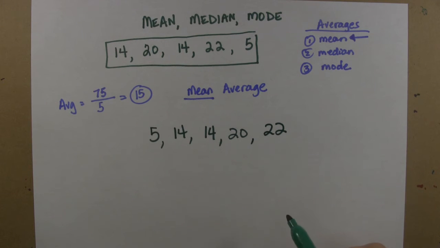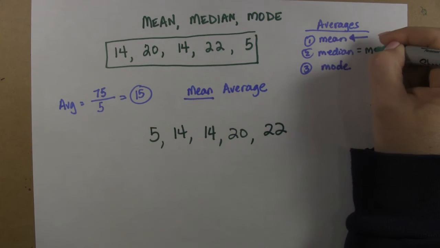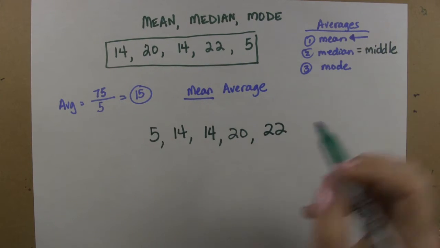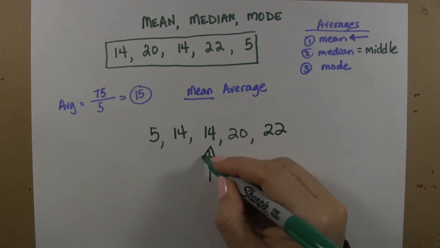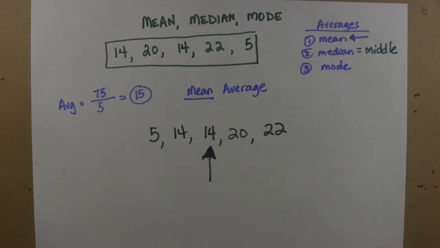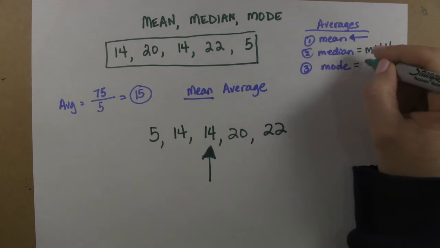So I lined those numbers up. And the median is the middle. So that's this one. So 14 is my median average. It's the middlemost number.